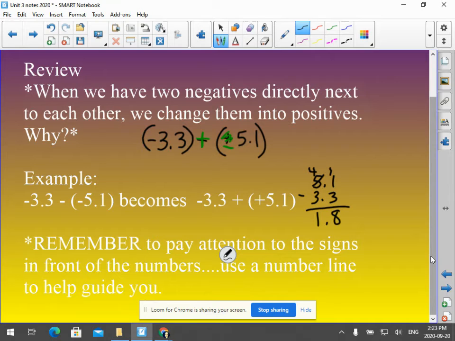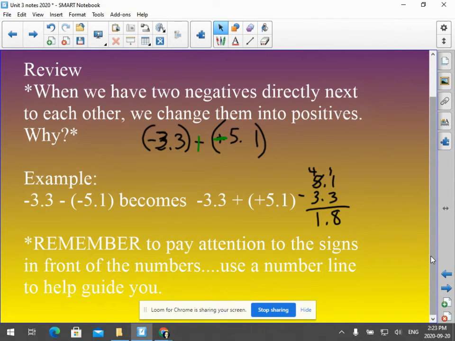Okay? If we did this other example that I had put up here for you, I believe I said, sorry, all my scratches here, that I had negative 3.3 and we were subtracting positive 5.1. So in order to solve that, we are switching the sign in the middle and the one that follows to be its opposite.